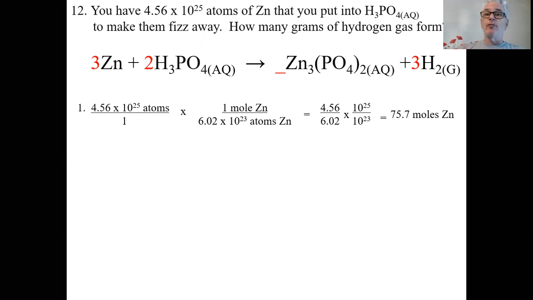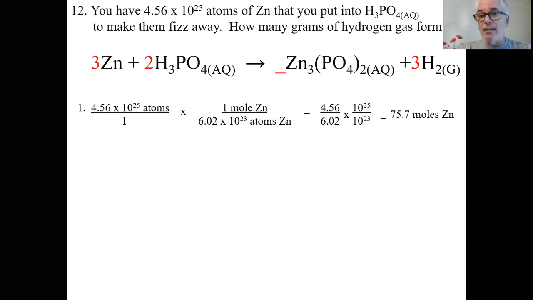So in order to convert these atoms into moles, we have this starting point over 1, and then we have 1 mole of zinc over Avogadro's number of atoms of zinc, and the atoms in the numerator and the atoms in the denominator cancel. The math is going to work out to in 2 parts, 4.56 divided by 6.02, and then 10 to the 25th divided by 10 to the 23rd.